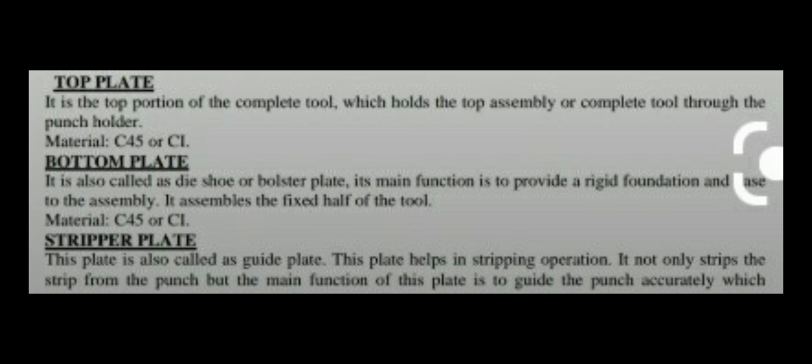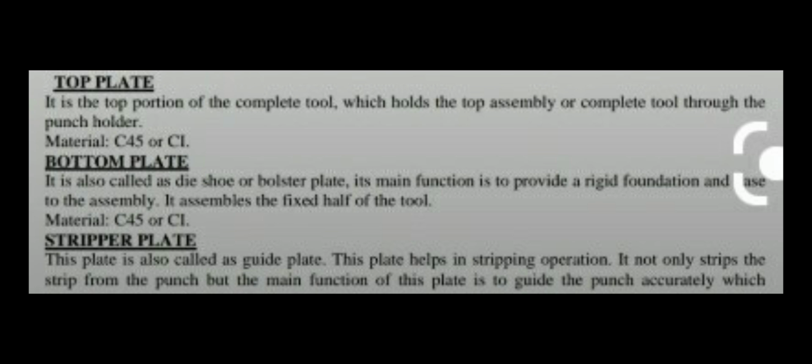Okay, so let us discuss some parts. Already we discussed, so you must know. The top plate is used in the press tool. It is the top portion and it is made of C45 or sometimes of cast iron. The top plate holds the top assembly or complete tool through the punch holder, and the material used is C45 or cast iron.